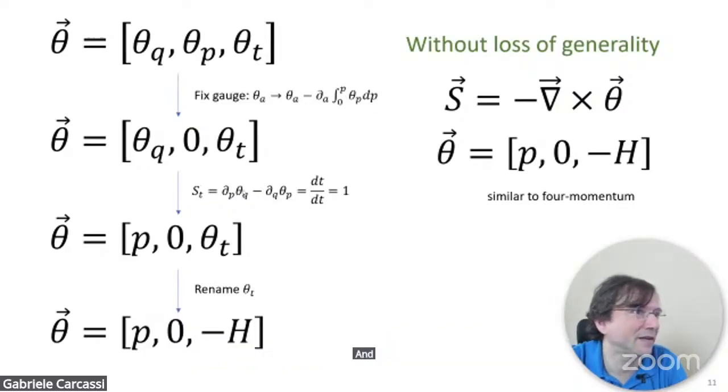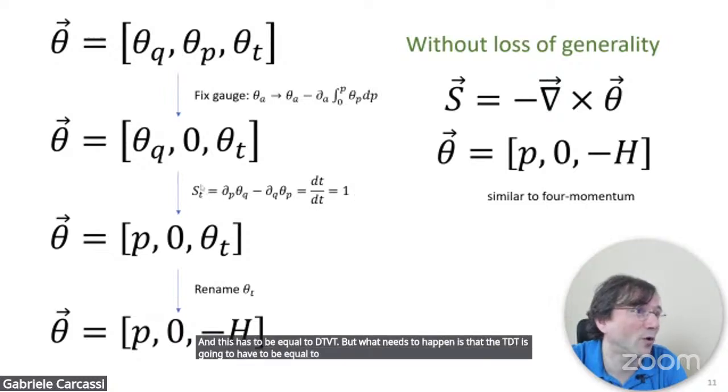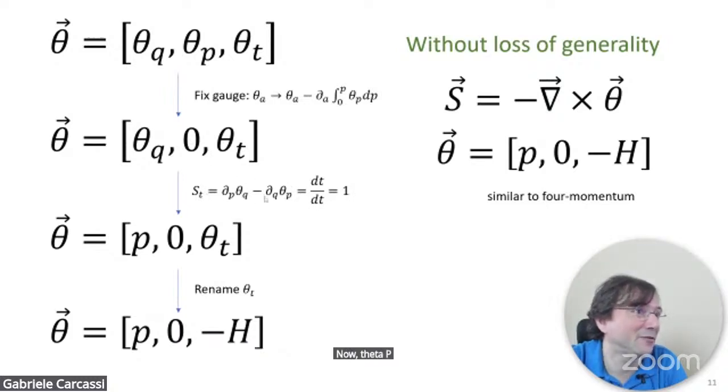And this has to be equal to dt/dt. But what needs to happen is that dt/dt has to be equal to 1. So we want this component to be 1. Now, theta p here is 0, so we don't have this part. So we just have that the partial p of theta q is equal to 1. So without loss of generality, we can just set theta q to p.